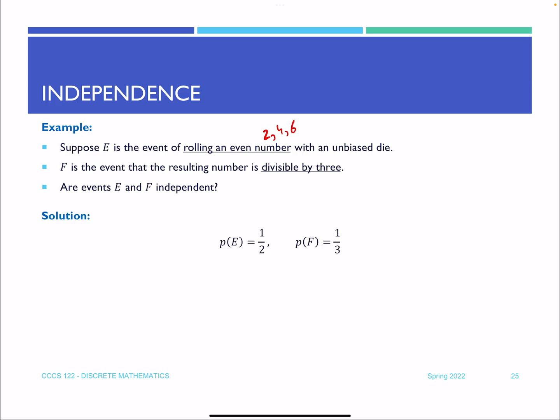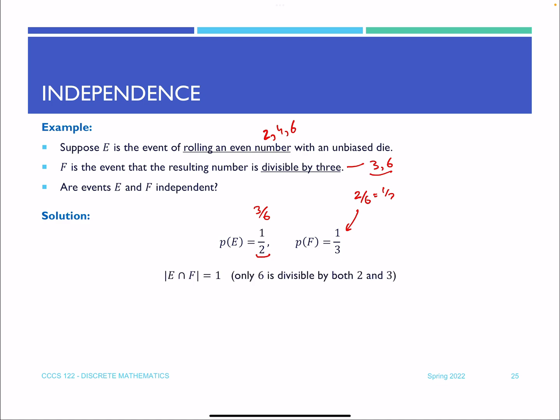So the numbers divisible by 3 are 3 or 6. The probability that E happens is 1 over 2, right? 3 outcomes out of 6 possible ones. The probability of F, that the number is divisible by 3, is 2 outcomes out of 6, or 1 over 3.